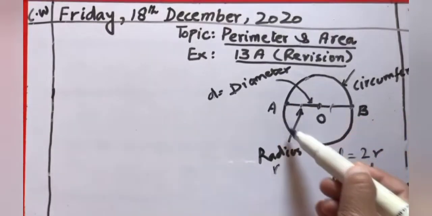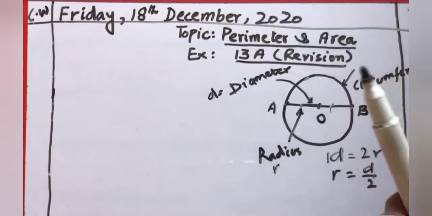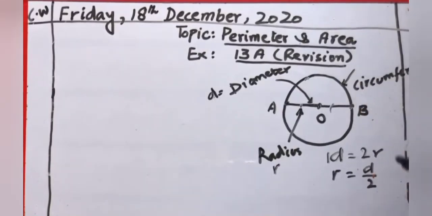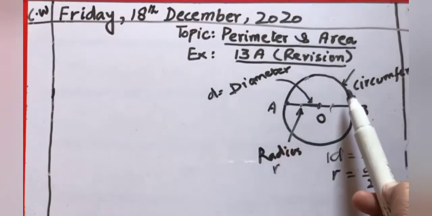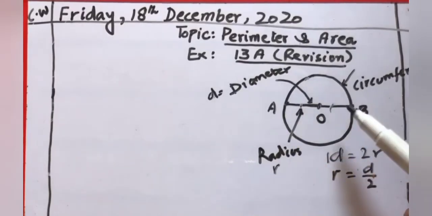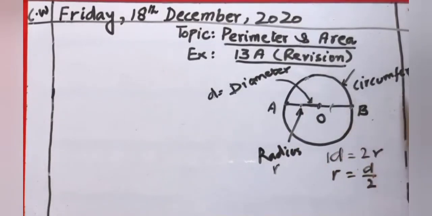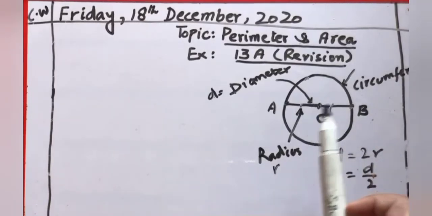So the outer boundary of circle is called the circumference. We have discussed about the perimeter of a shape in previous lecture. So it is the outer boundary of the shape. It is called a perimeter, but in the case of circle we give it the name circumference. Now we are going to discuss about the area of a circle.